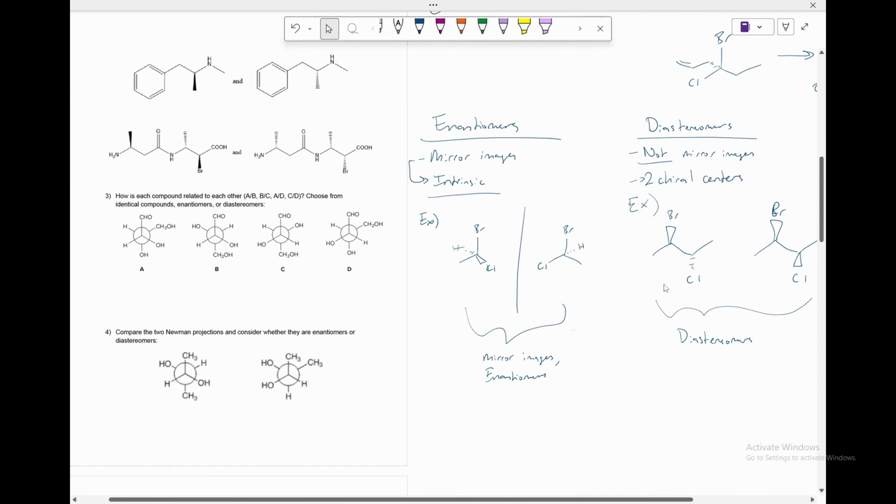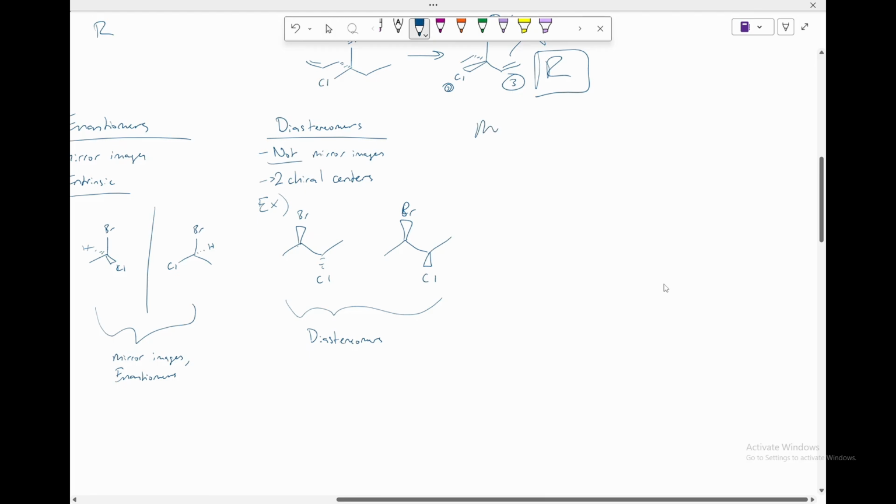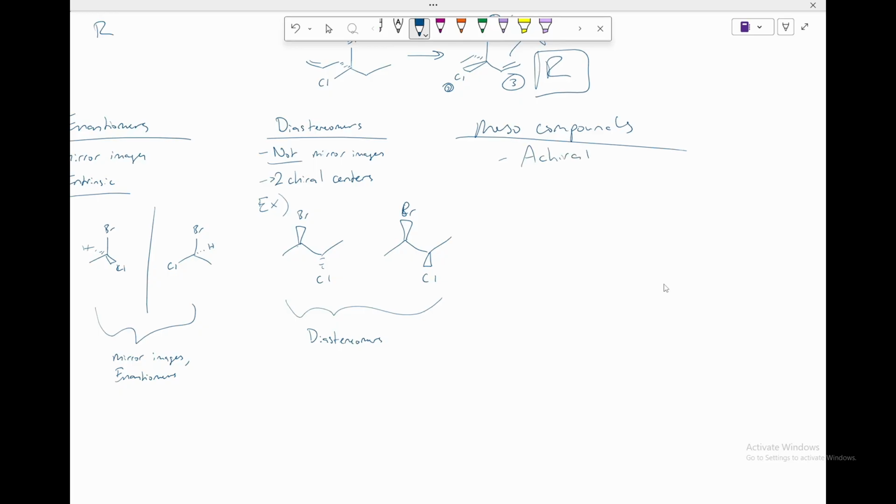And another one that we'll talk about is meso compounds. Meso compounds are achiral. They can have chiral centers, but they also exhibit an internal plane of symmetry.